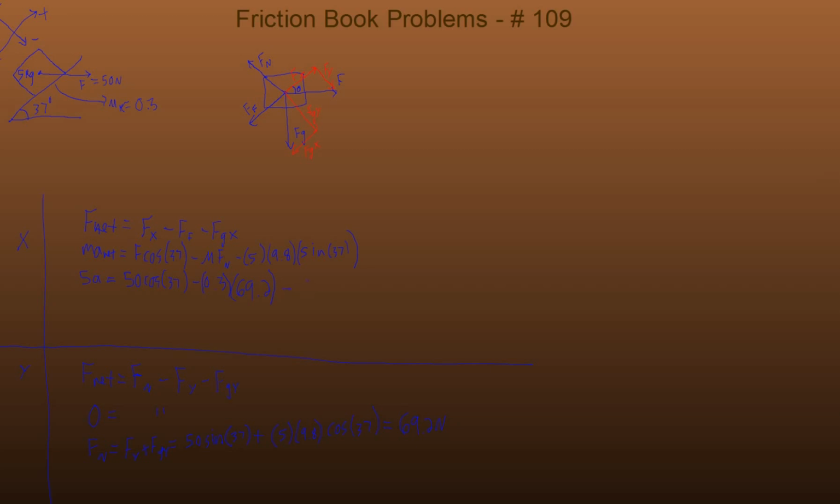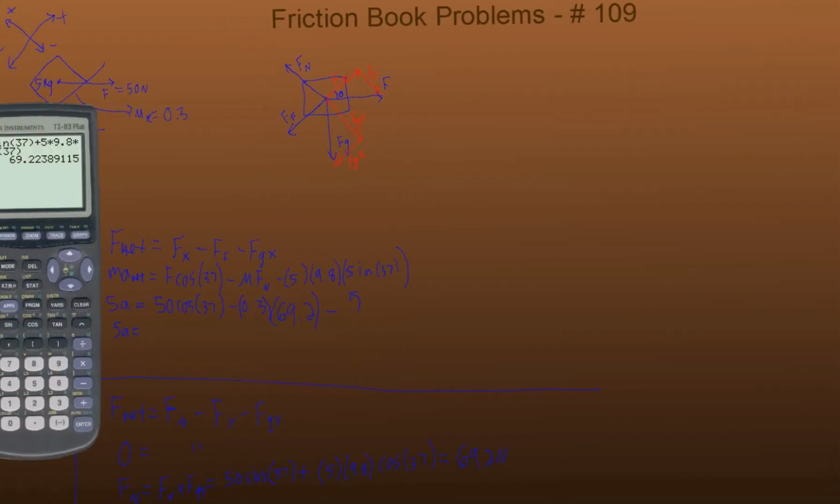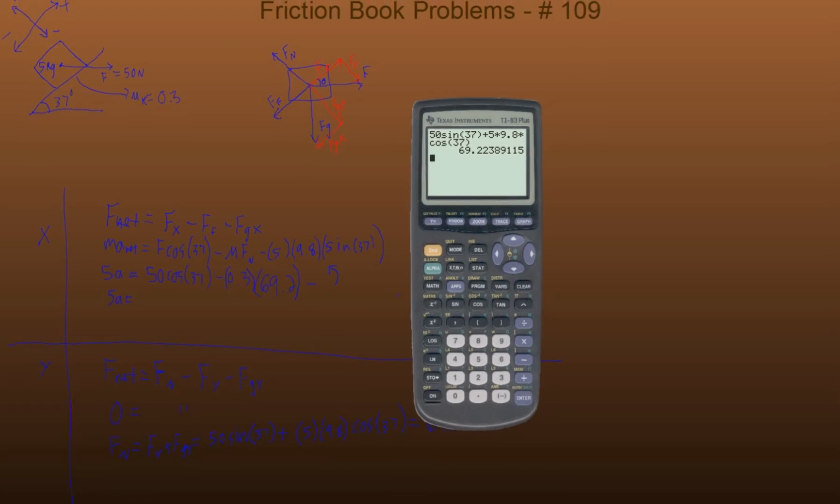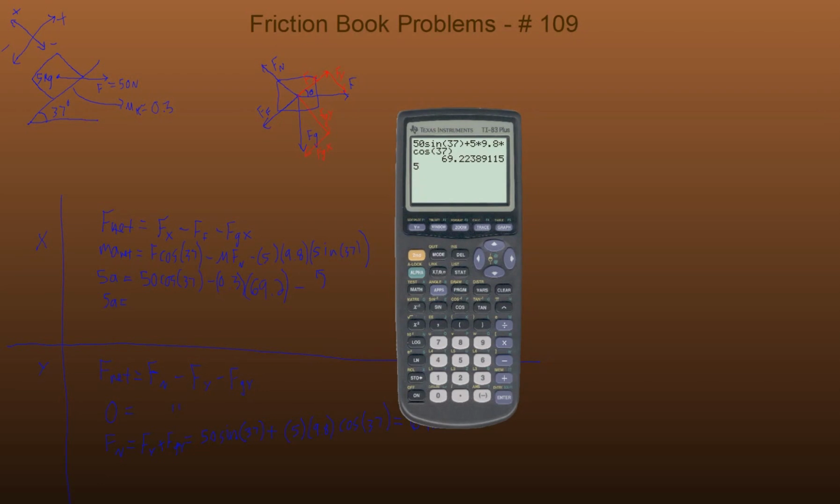69.2 minus all this. Well, this is just a big number, so let's just do that. 5a equals 50 cosine 37 minus 0.3 times the normal force, which we already have here, so let's just use the second answer.